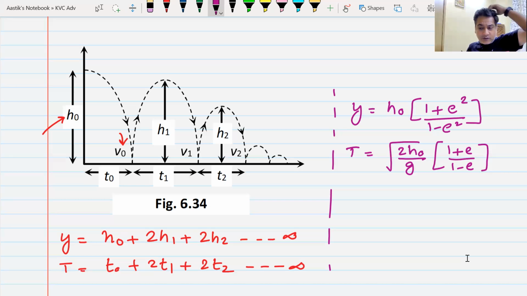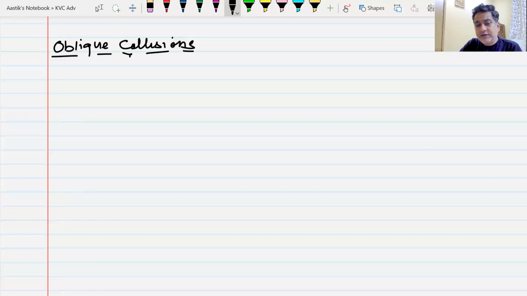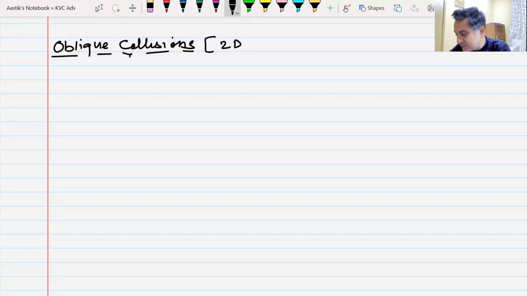Now what will happen in oblique collisions is that it will not be head on, it will be collision in 2 dimensions. Do we understand this? Yes, sir. Okay, now in general, how you are going to solve those questions, I will give you just a thing. We can use those things and we can solve problems.